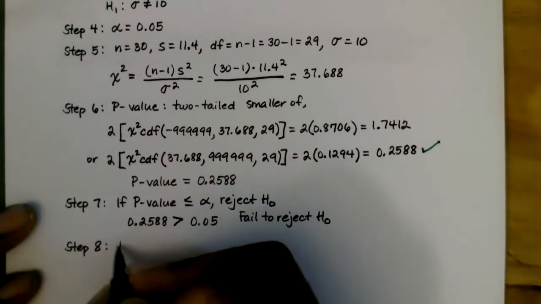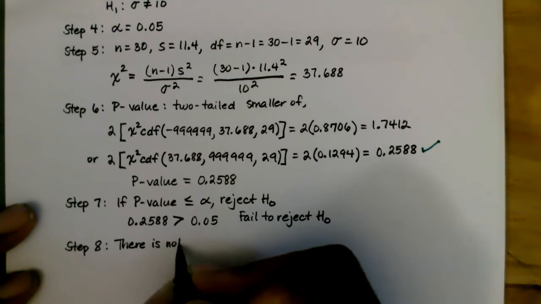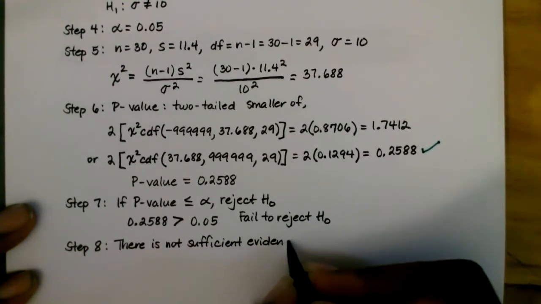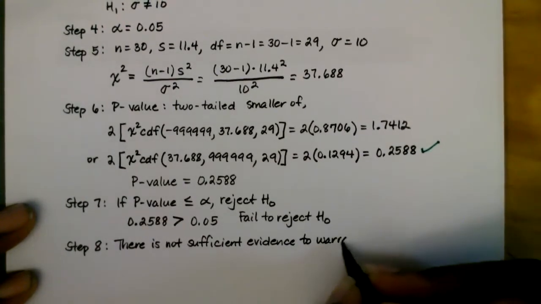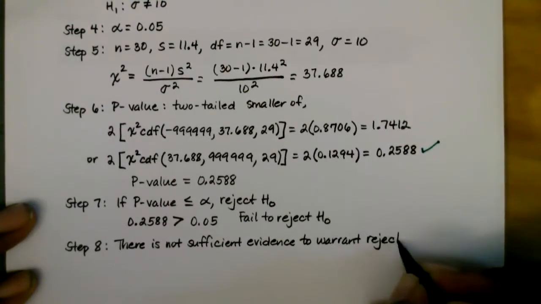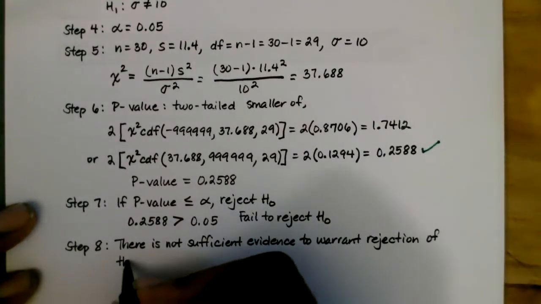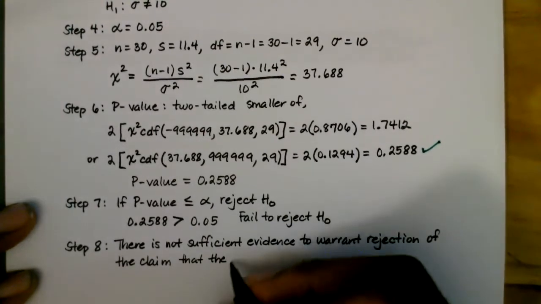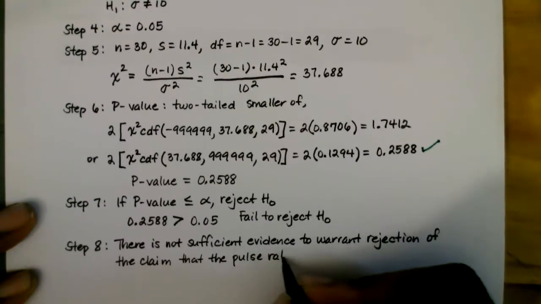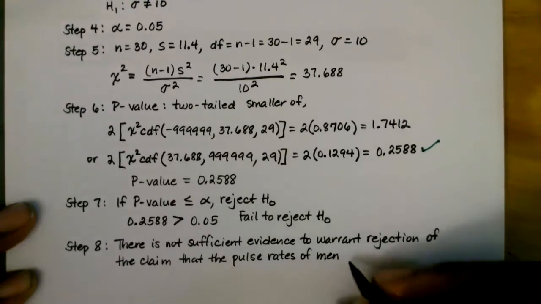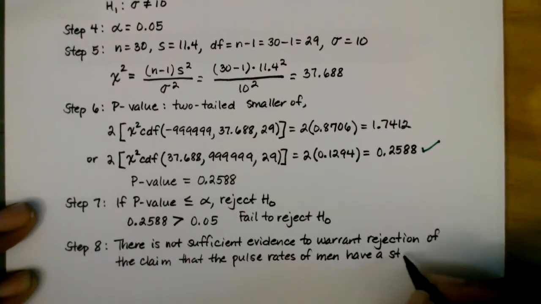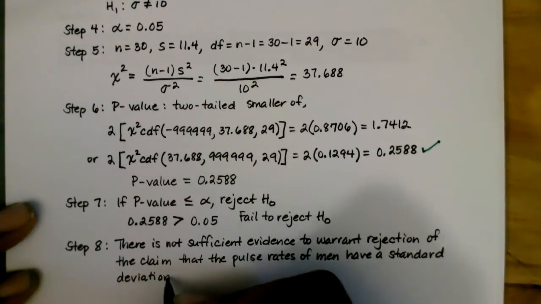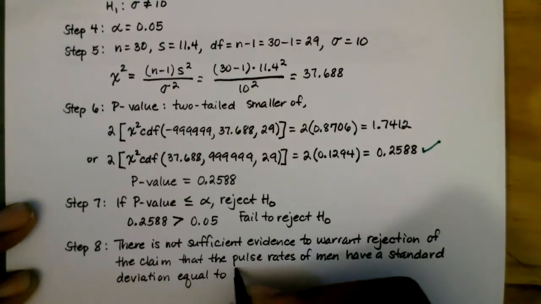So my statement will start off like this: there is not sufficient evidence to warrant rejection of the claim that the pulse rates for men have a standard deviation equal to 10 beats per minute.